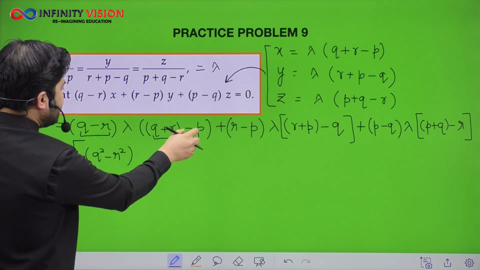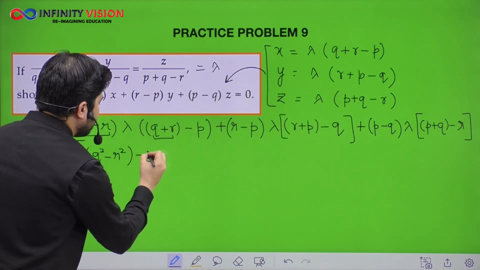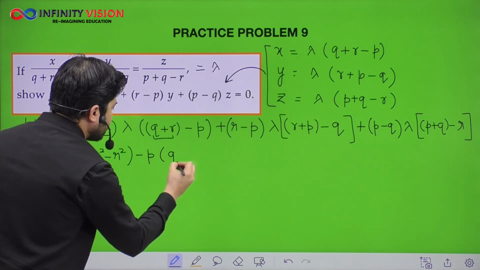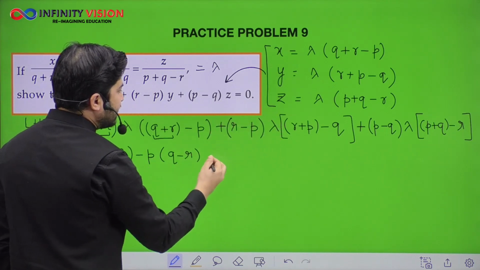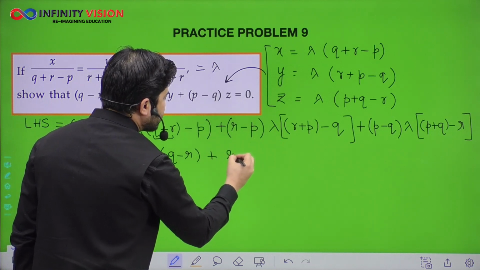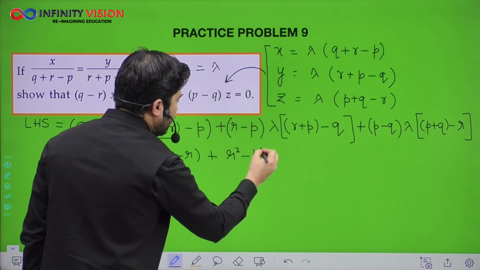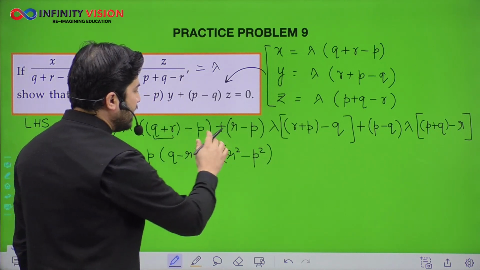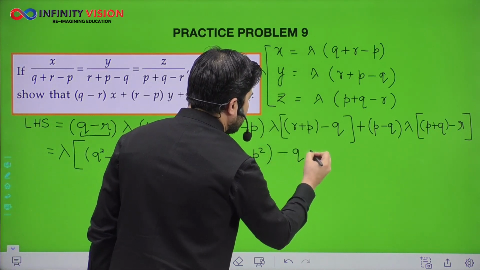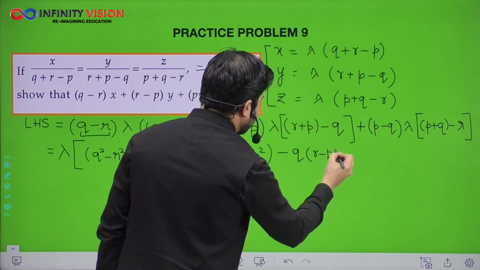The second thing I see is minus p being multiplied with q minus r. In the same fashion, the cycle would repeat and it would become r square minus p square, because r minus p into r plus p would be r square minus p square, and then minus q into r minus p.